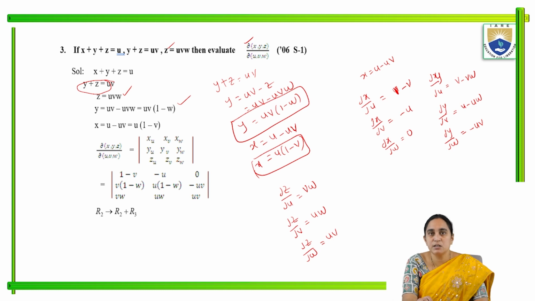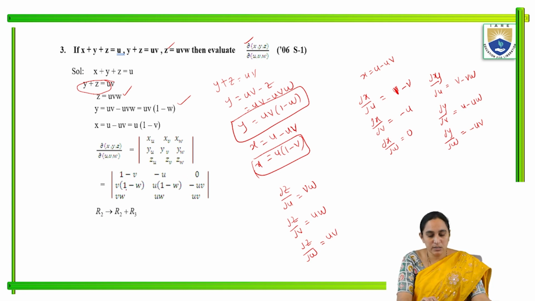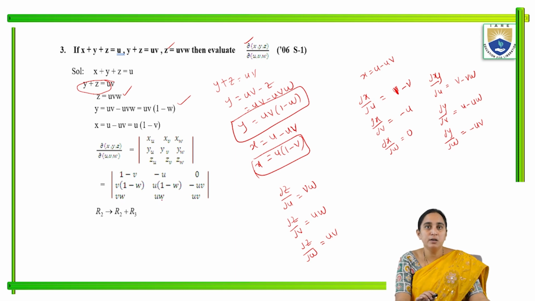Now substitute each and every value in the above formula. This is 1 minus v. Okay, that is the first row: 1 minus v, minus u, 0. And the next one: v into 1 minus w, u into 1 minus w, and minus uv. And the last row: vw, uw, and uv.